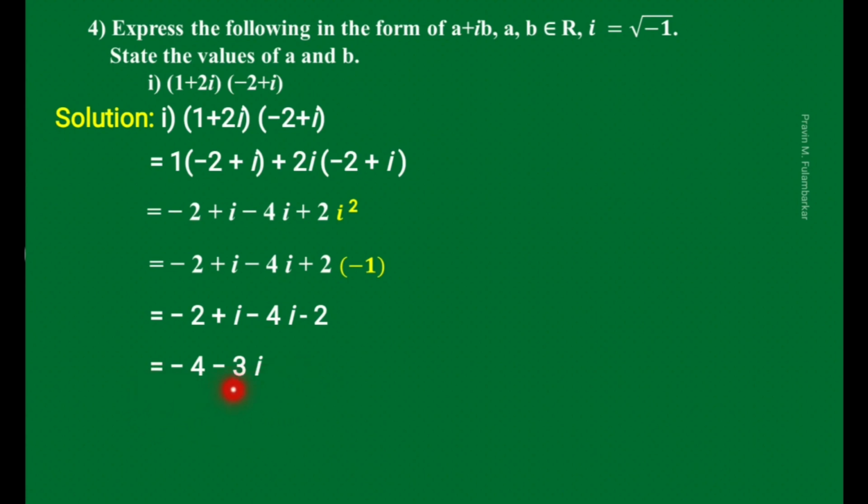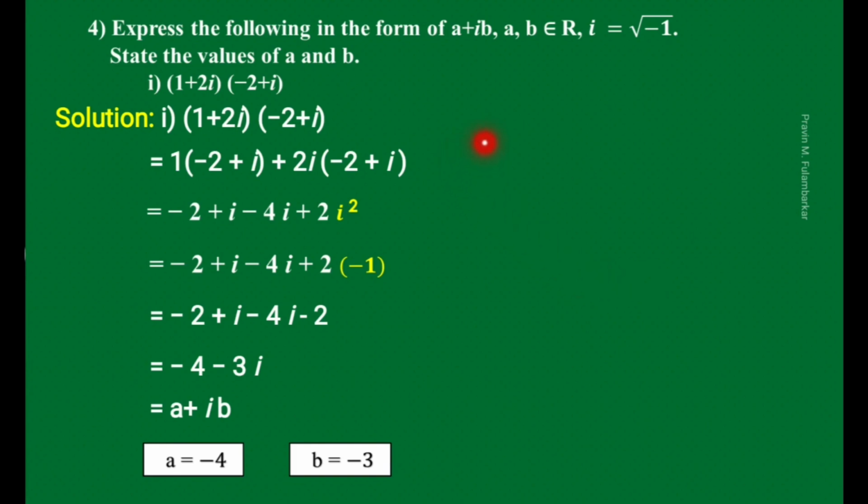Now we have to compare this with a plus ib. So a equals -4, b equals -3. That means in every problem we have to simplify first, then compare with a plus ib, then we get the value of a and b.